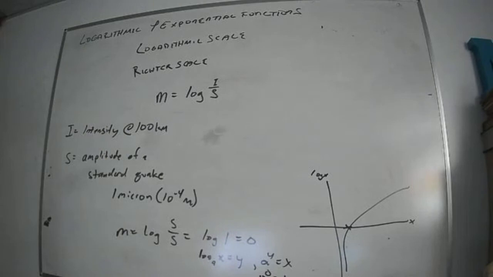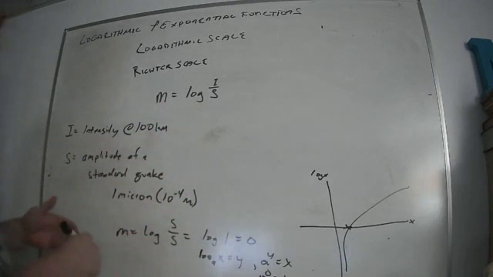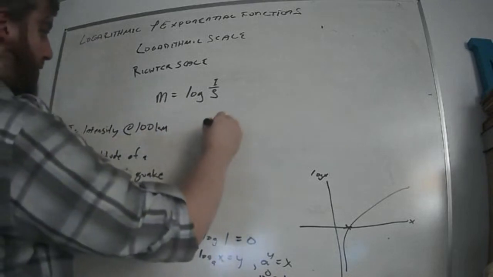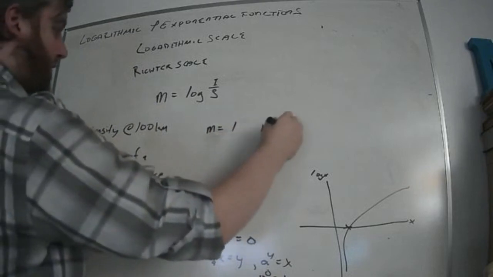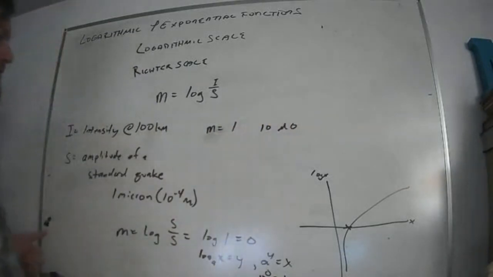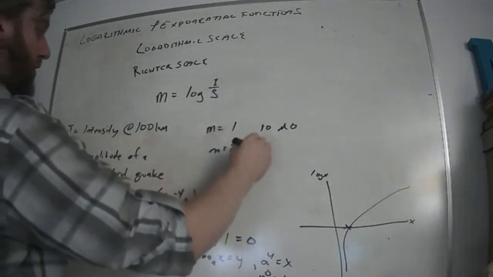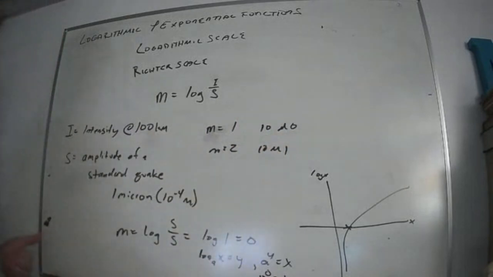And that's really the use of the scale here. It also lets us know that, because we're in base 10, every increment is 10 times greater than the last. So a magnitude 1 is 10 times an M0, and M equals 2 is 10 times an M1, and so on.